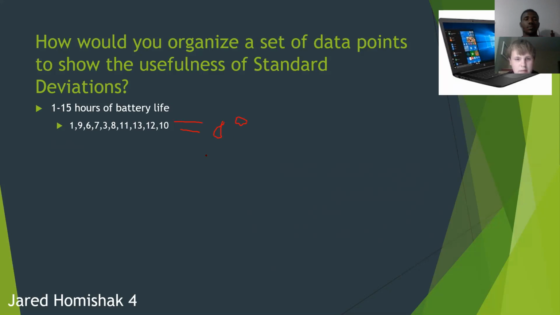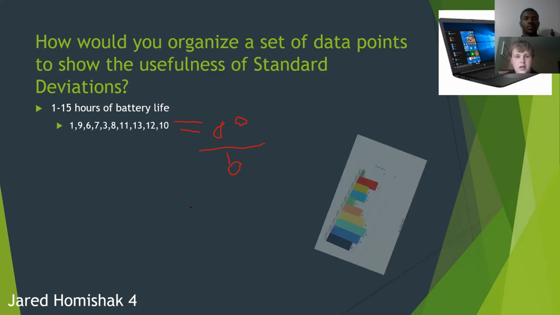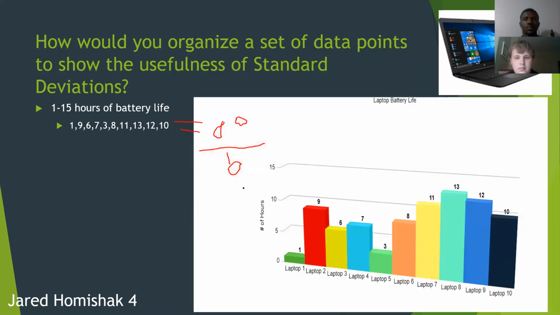That would be our sum, and then we divide that by the number of data points, which is 10, and that means your mean is 8. We also have a chart that shows the battery ranges of each of the 10 laptops. I'm sorry.